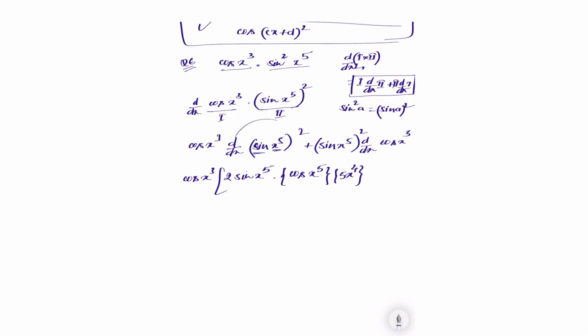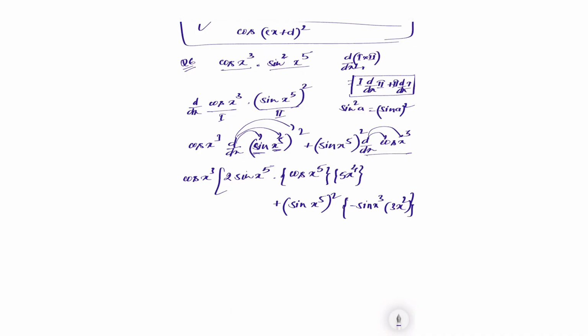First applied over this square, then applied over sine, and then applied over the x power 5. Now plus sine x power 5 whole square, that is the second function, ddx of cos x cube. So first apply over cos. Cos will become minus sine x cube. Now apply over x cube, it will become 3x square.